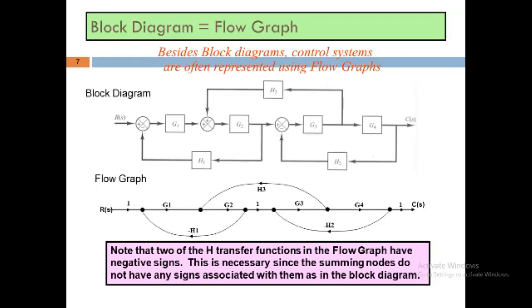I am repeating, the poles can be found by equating the denominator of the transfer function to 0. Then we get the value of s, and that particular value of s, whether positive or negative, is considered a pole.